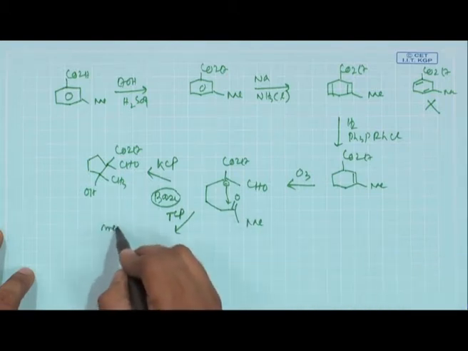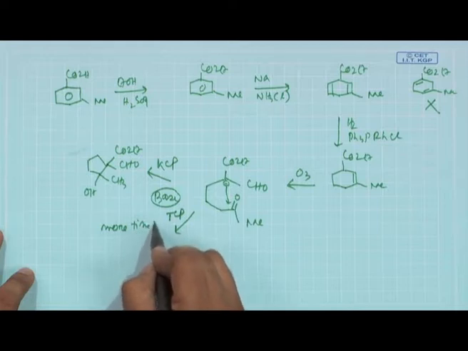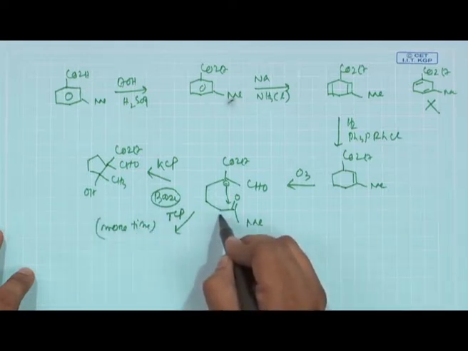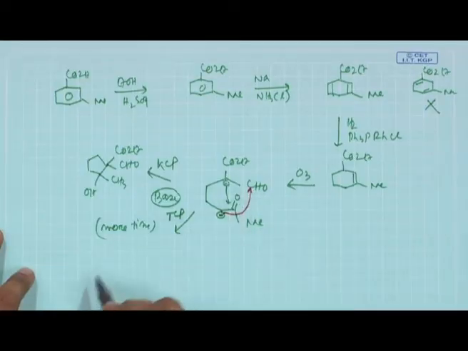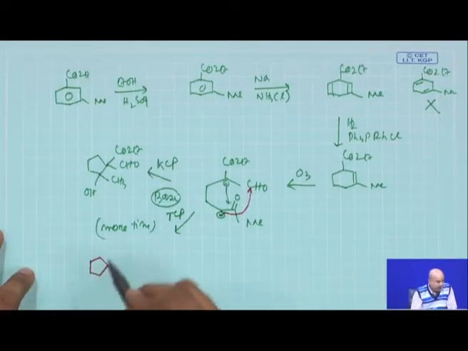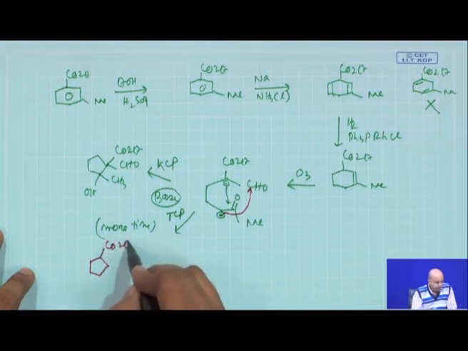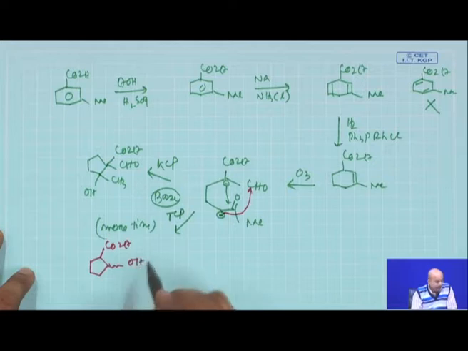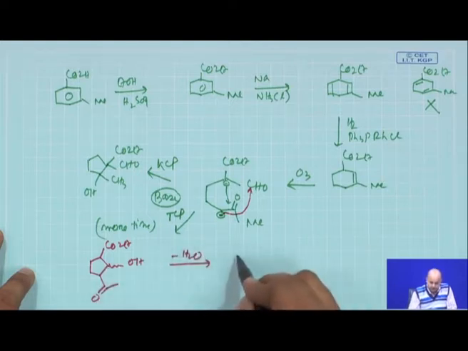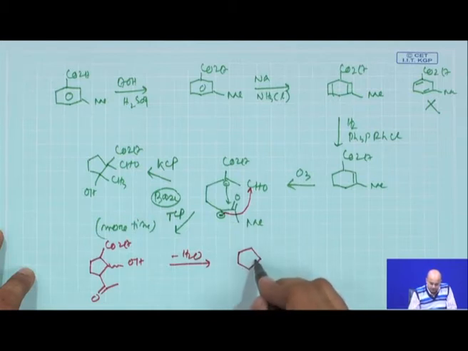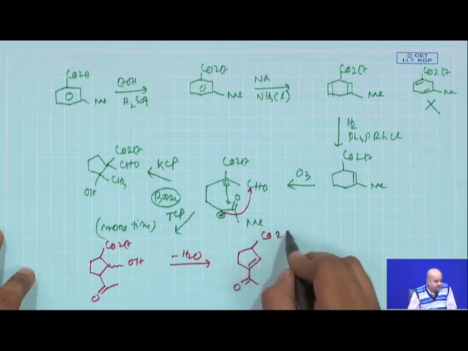More time basically will give you the thermodynamically controlled enolate, and then this hydrogen will be abstracted and will react with this aldehyde, and then we can get this particular aldol which is required for us. Now, you can easily do the beta elimination and you can now get the desired compound as we earlier discussed.